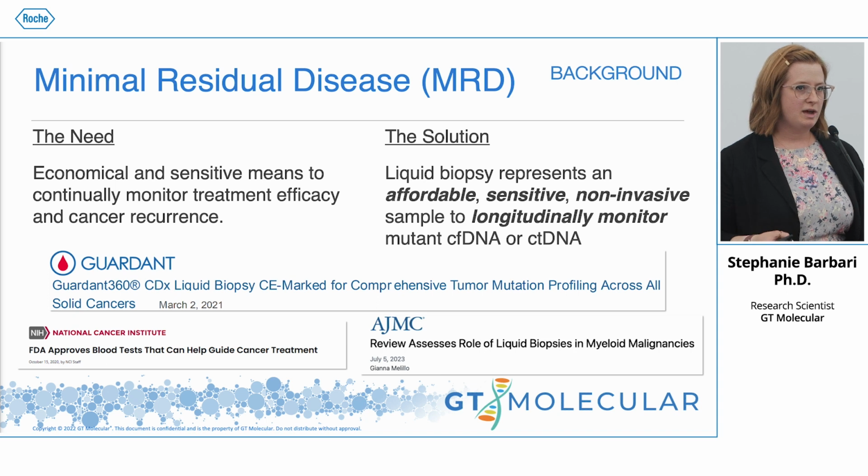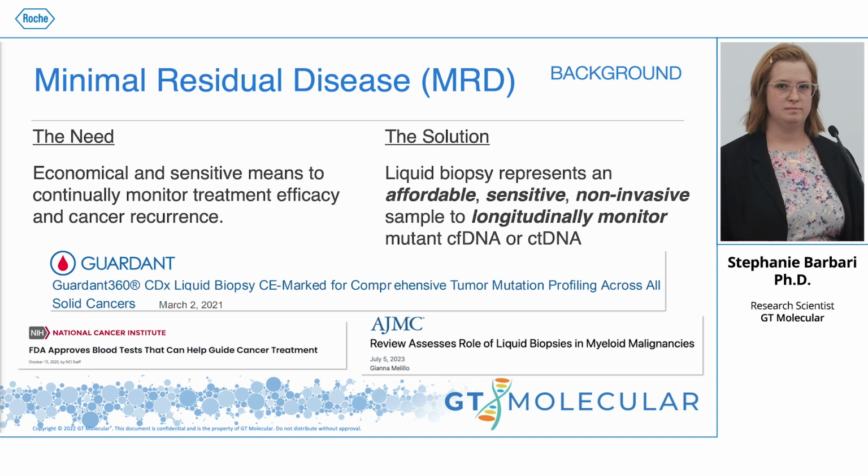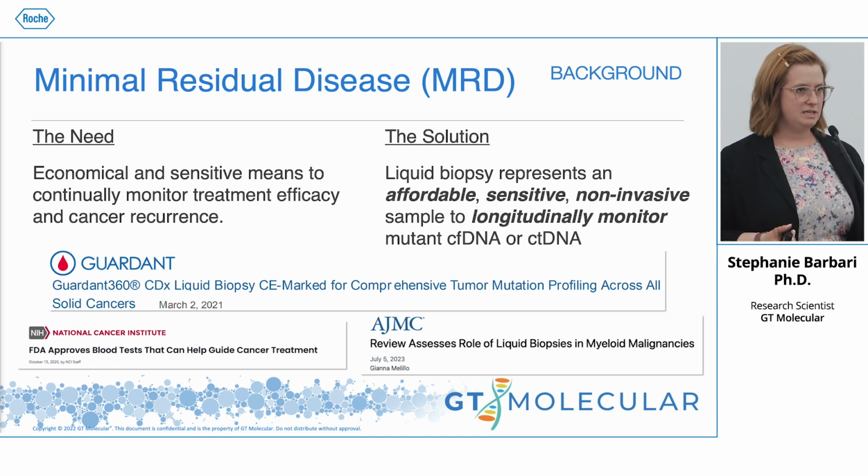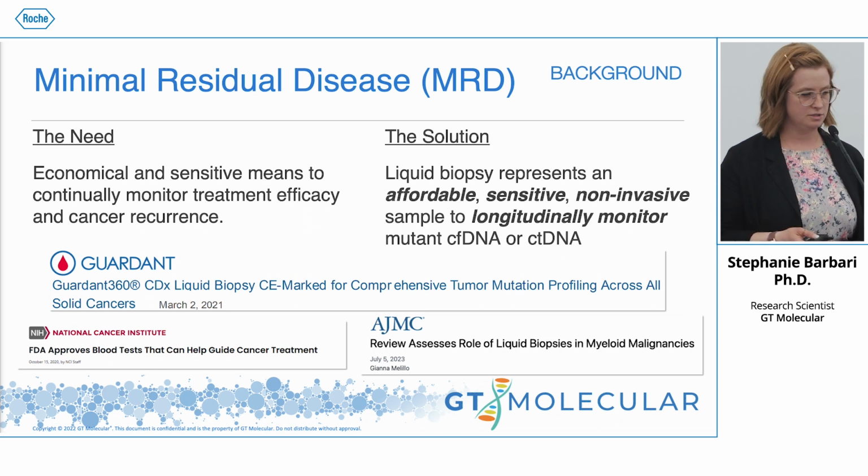And we believe that liquid biopsy is the perfect sample type for this because it's affordable, it's sensitive, it's non-invasive, and it's a great use for monitoring for these mutations. There are several IVD assays out there for detecting liquid biopsy monitoring, and there's also plenty of literature out there showcasing that this is a viable option for solid tumor types as well as blood cancers.